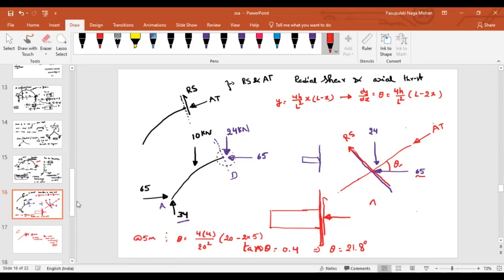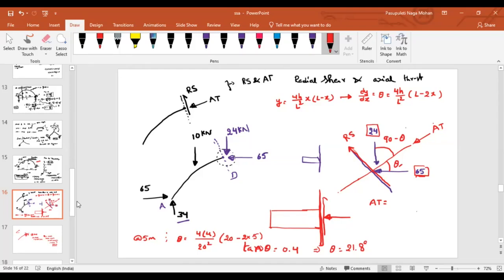So now you know this angle theta. So can you tell me what is your axial thrust? If this is theta, what about this value? 90 minus theta. As these two are perpendicular, it will be 90 minus theta. Now you know this value 65, you know this value 24, and you know the slopes. What will be your axial thrust in this case?